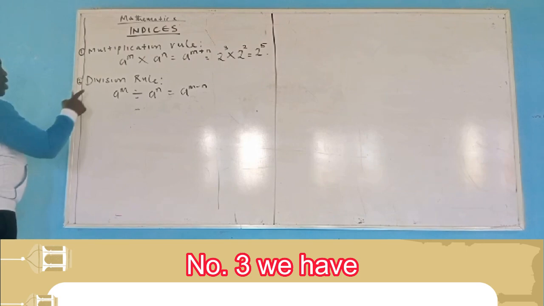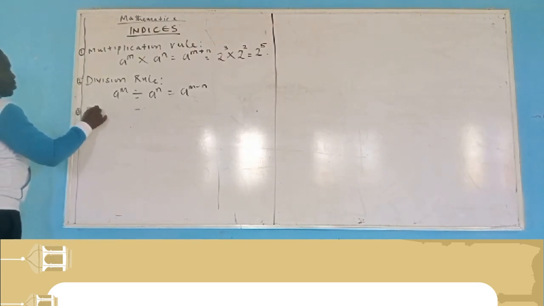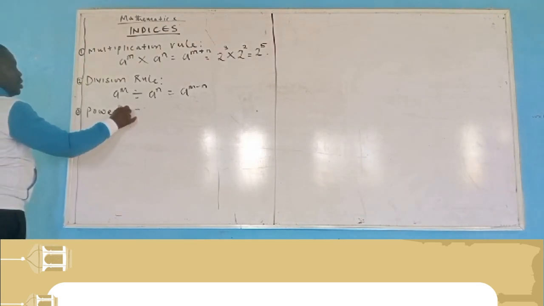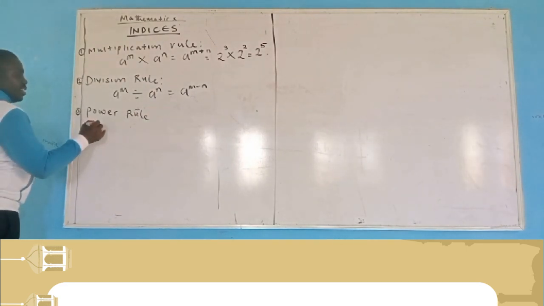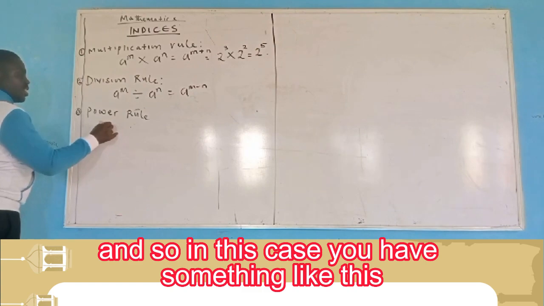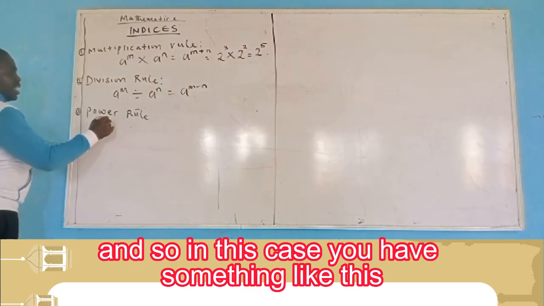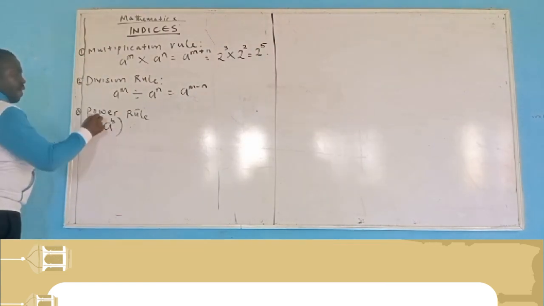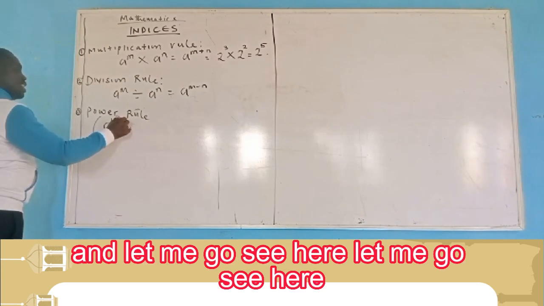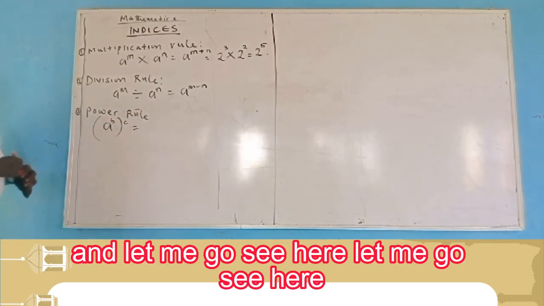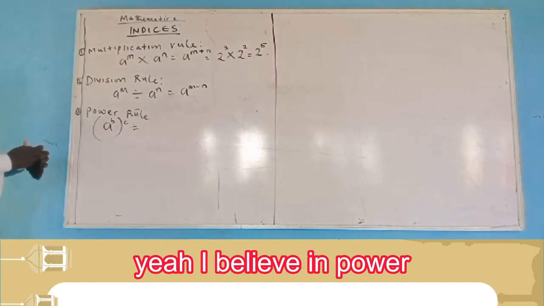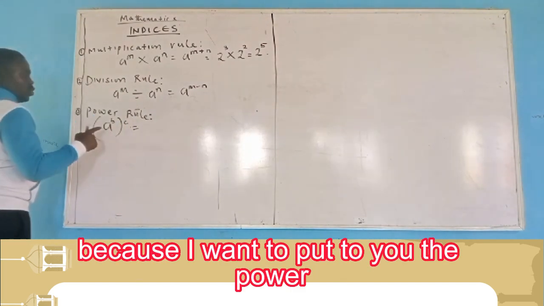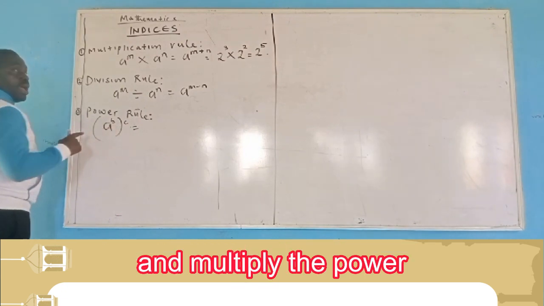Number 3, we have the power rule. In this case, you have something like this. I'm calling it the power rule because I want to prove to you that power can multiply power.